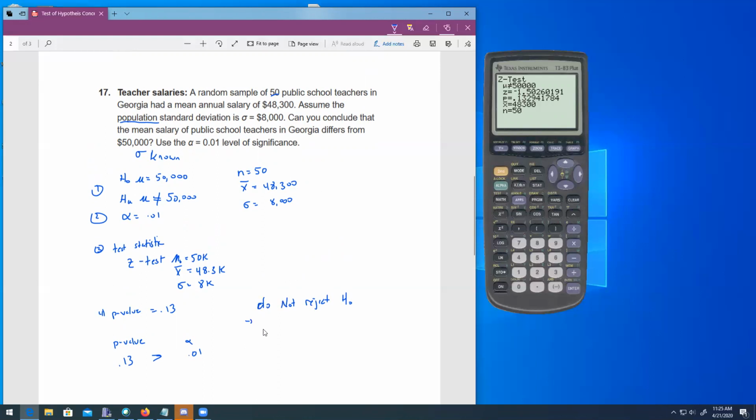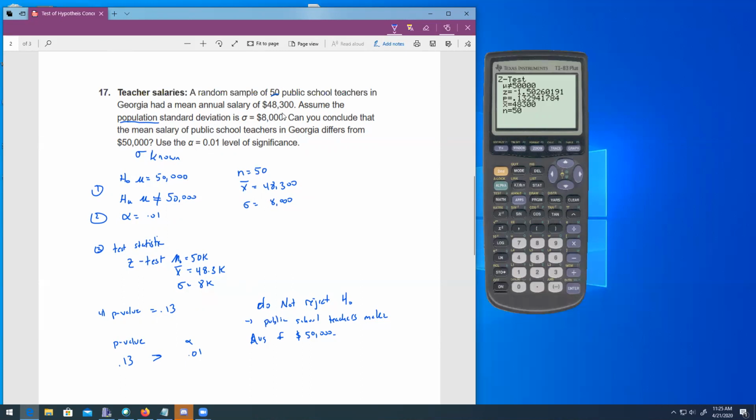An average of 50,000 a year. The important part here is diagnosing what's going on. Because they use this magic phrase, population standard deviation, I know it's a z-test because they handed me sigma.